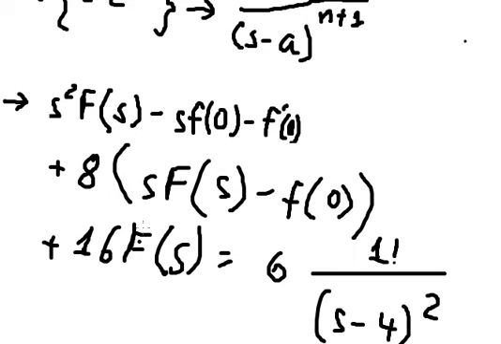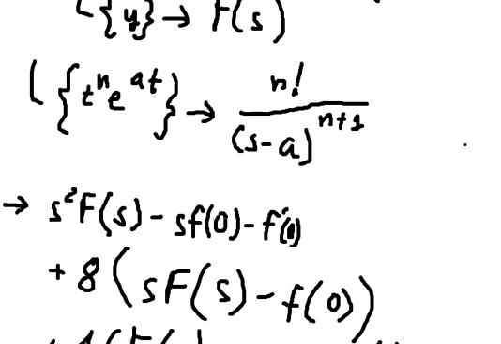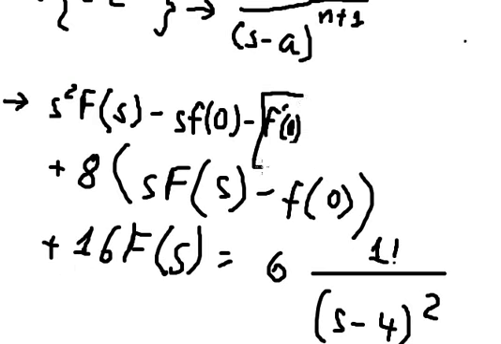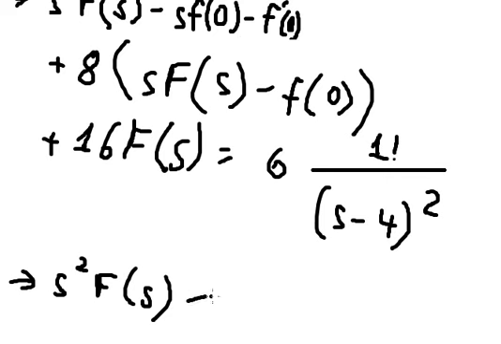And now we need to simplify everything here. F of 0, that is 0 here. This one is 9. This one you get 0.